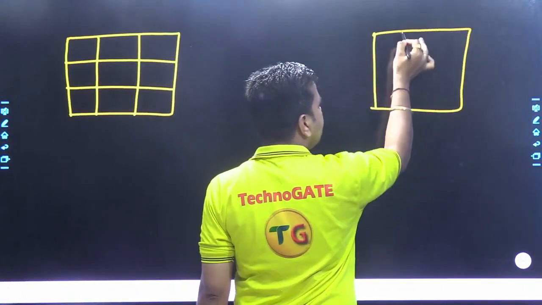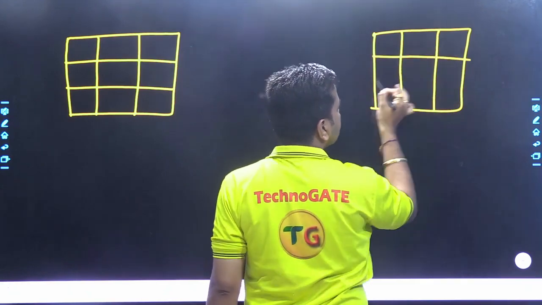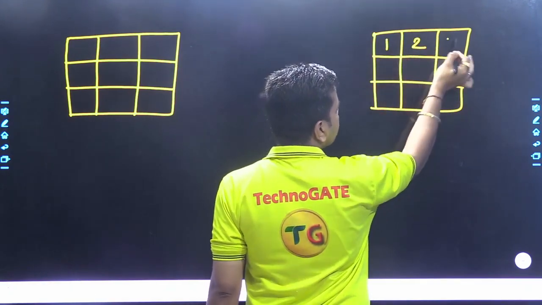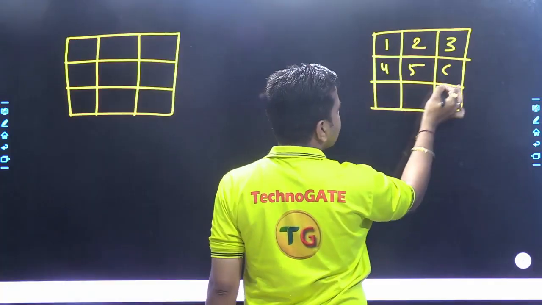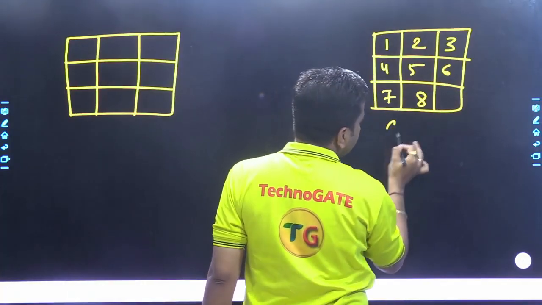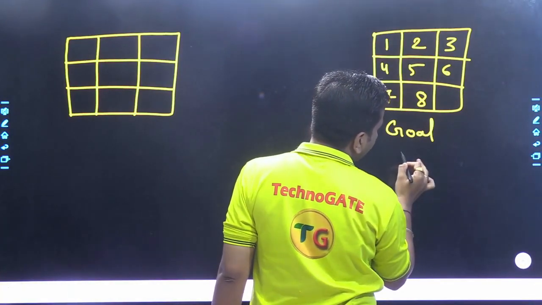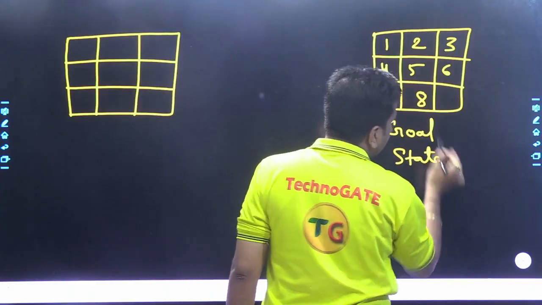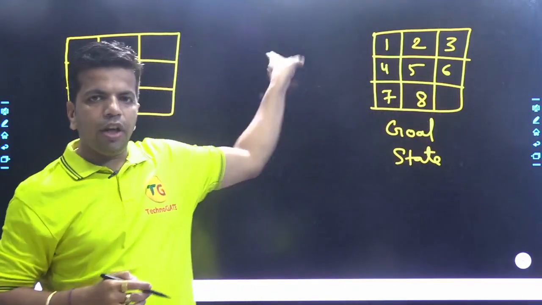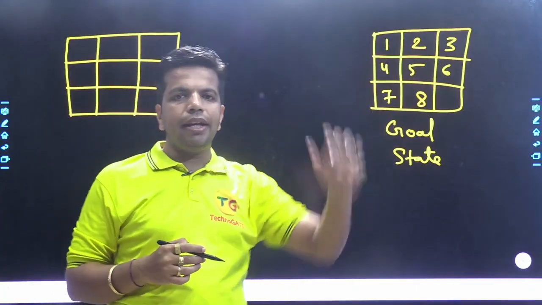What is a goal state? You can see 1 2 3 4 5 6 7 8, meaning the arrangement of tiles is somewhat like that. That would be the perfect arrangement, 1 2 3 4 5 6 7 8 and the blank tile at the last.